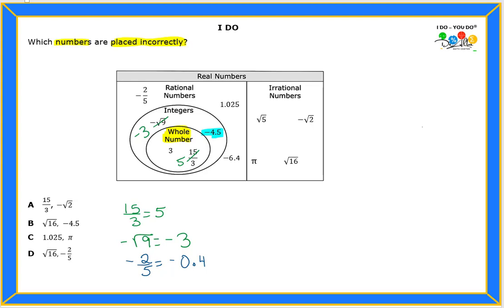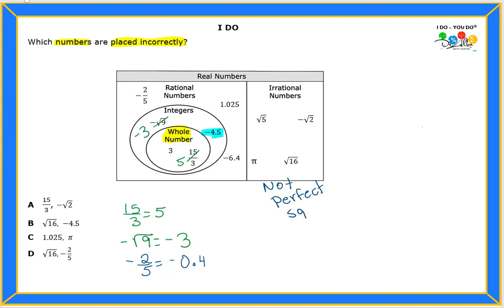What about the irrationals? Let's see if we remember what irrationals are. Irrationals are those numbers that if I put them in the calculator, they will give me decimals that keep on going and going and going. You are mainly going to find square roots that are not perfect squares. So these are supposed to be not perfect squares.